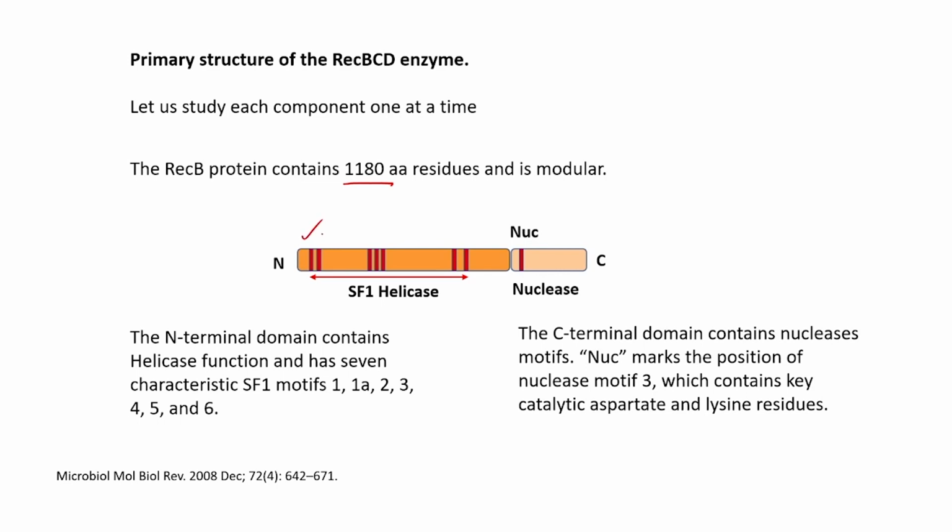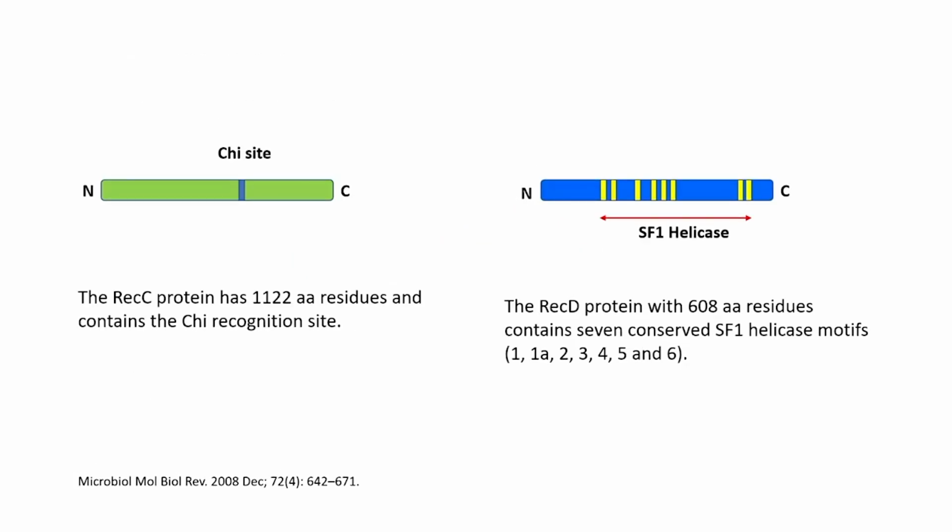As you can see here, 1A, 1A, 2, 3, 4, 5 and 6, total 7 motifs. The nuclease activity lies in the C-terminal domain, and you can see here the NUC motif, which marks the position of the nuclease motif, which contains key catalytic aspartate and lysine residues.